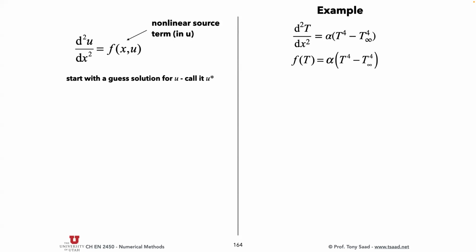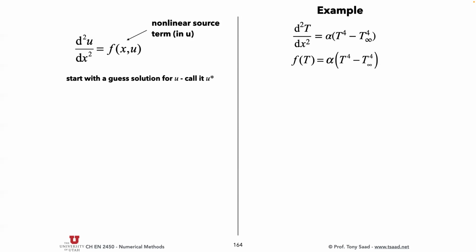The idea is that we're going to start with a guess solution for u. Remember, with nonlinear equations, we always started from a guess and refined the guess. So here we're going to do the same thing.